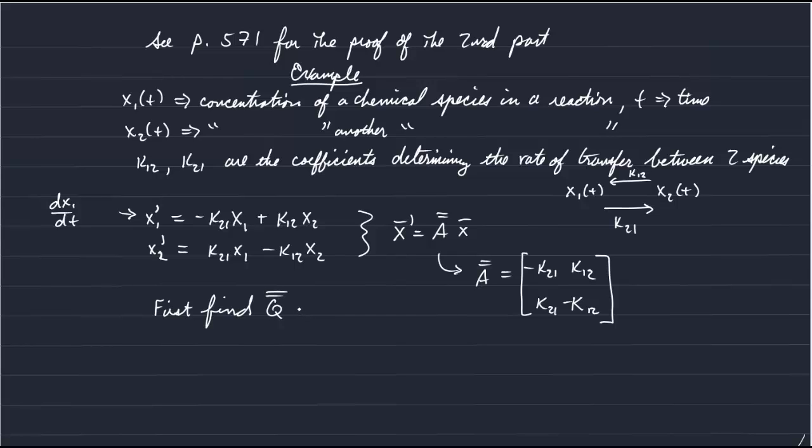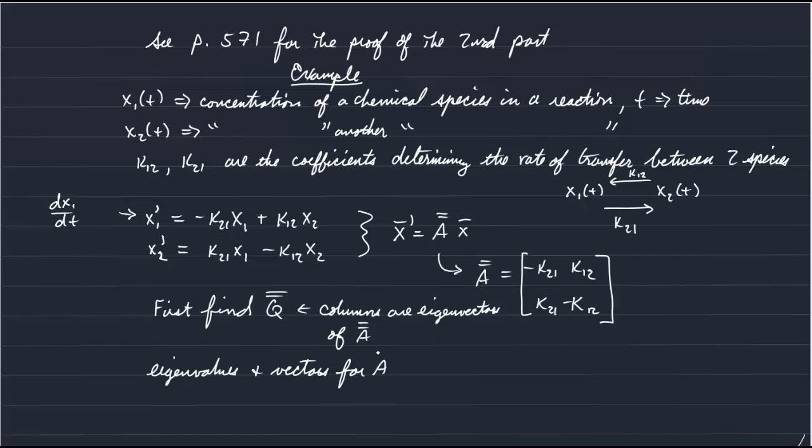And of course, the columns are the eigenvectors of A. And the eigenvectors, well, first of all, the eigenvalues and vectors for A are, so the first one is lambda 1 is equal to 0, and the first eigenvector is equal to alpha times (k12, k21).